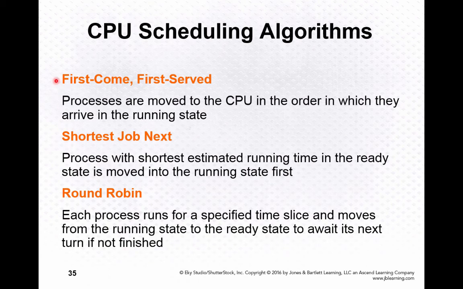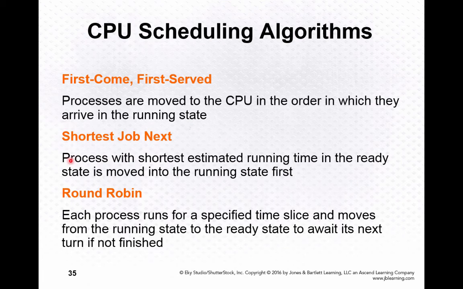The problem with the shortest job next is it requires you to be able to predict the future, because you don't necessarily know how long it's going to take a given process to finish. So the shortest job next relies on heuristics and estimates and guesses that are hacked together to predict how long a process is going to take to finish. If you actually knew how much time it would take, then the shortest job next would be the optimal solution, provably.